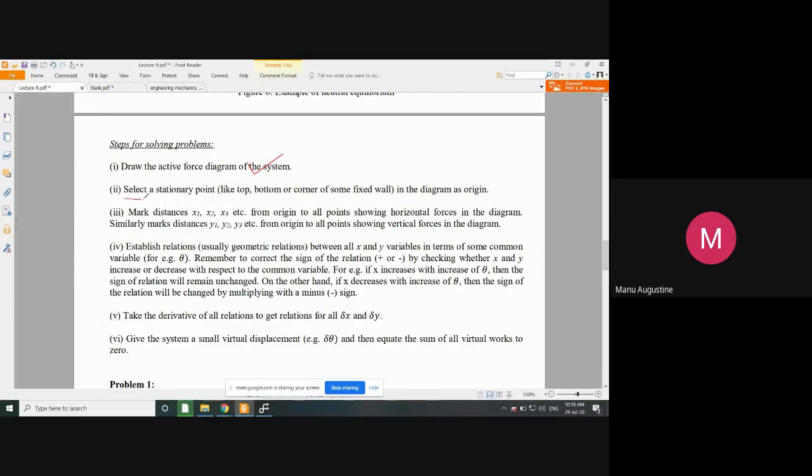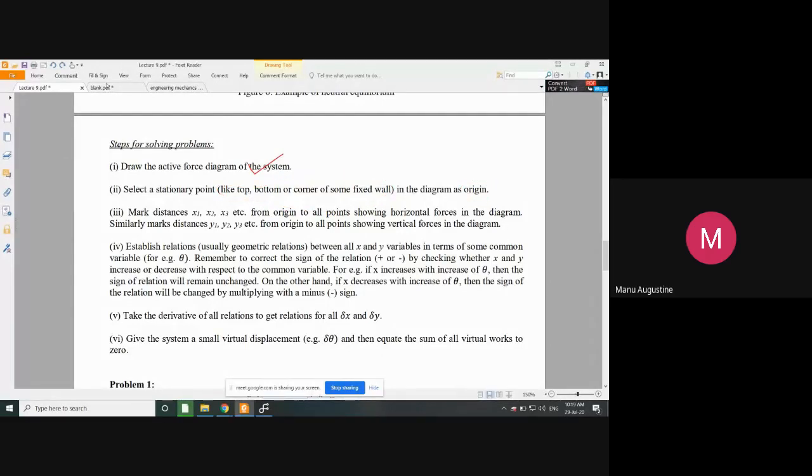Select a stationary point like top, bottom or corner of some fixed wall in the diagram as origin. Now you have to choose a point in your diagram which does not move anywhere, and with respect to that point you will take the other distances. So an origin has to be set, and I have given you examples of which points you can select as origin. So origin has to be selected a point which has no scope of motion in the given figure.